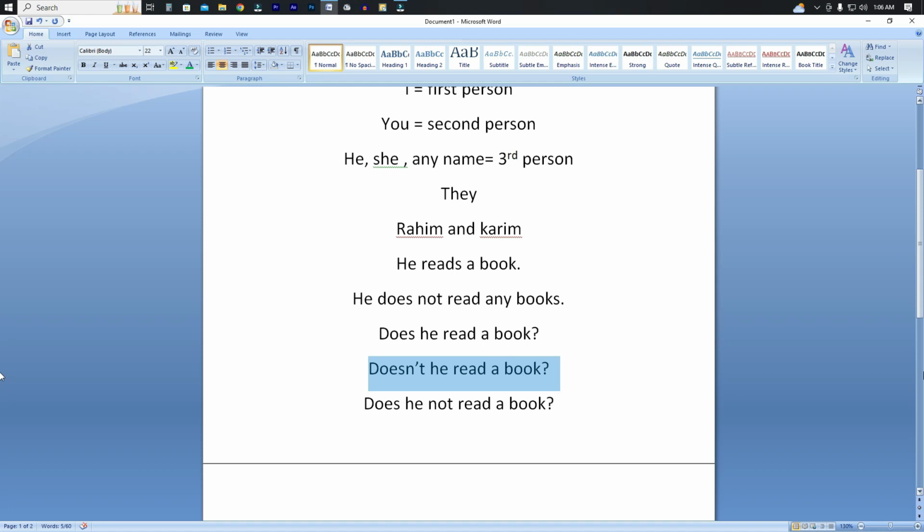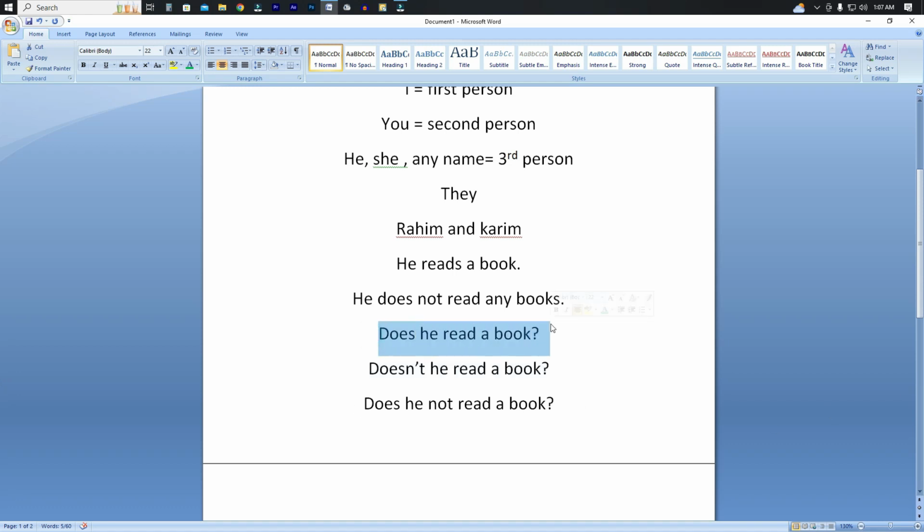So the expression of a negative interrogative sentence can be positive, like "Doesn't he read a book?" That means he reads any kind of books. If we ask a simple interrogative sentence without negative meaning, like the sentence above, "Does he read a book?" the answer could be negative or affirmative.